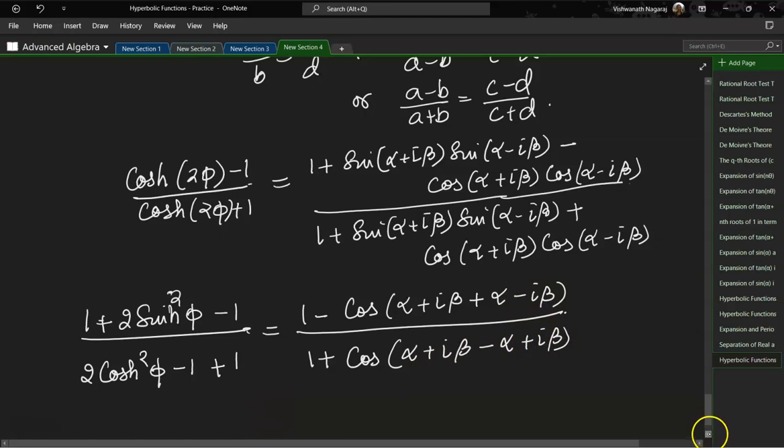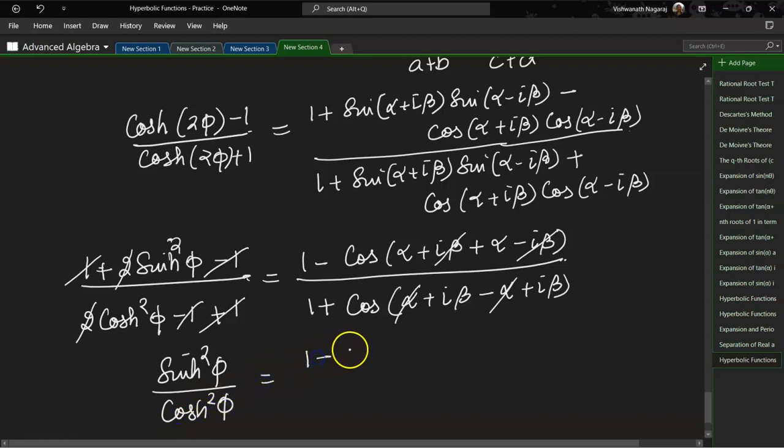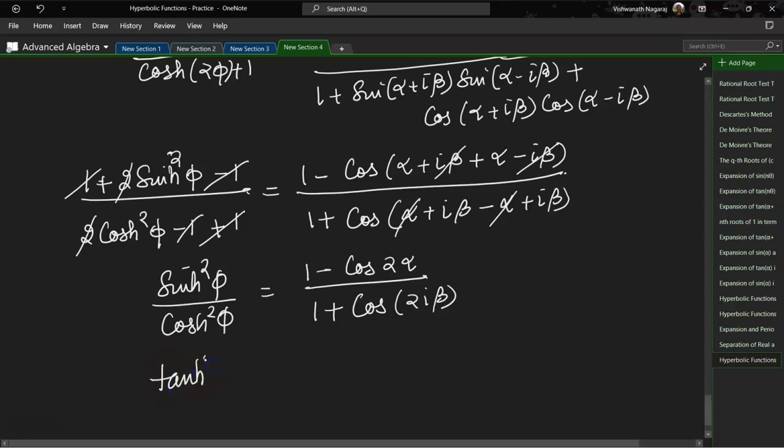Okay. So now let's simplify this. 1 and 1 cancels, 1 and 1 cancels, 2 and 2 cancels, right? iβ cancels, alpha cancels. So we are left with sinh squared φ by cosh squared φ is equal to 1 minus cos 2alpha by 1 plus cos 2iβ, right? Now, this is nothing but tanh squared φ.